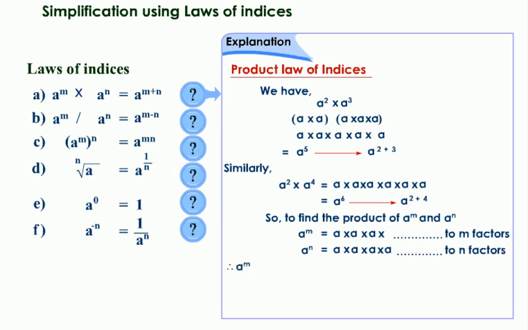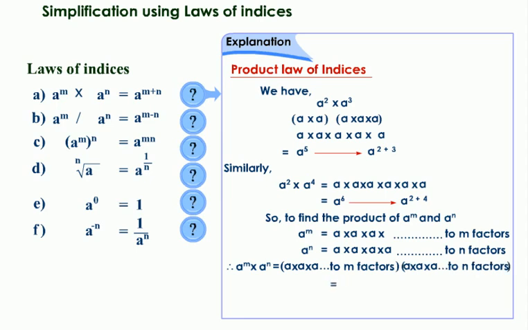Therefore, a to the power m into a to the power n is equal to a into a into a up to m factors into a into a into a to n factors.